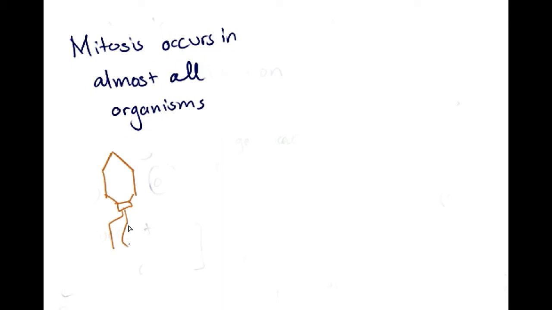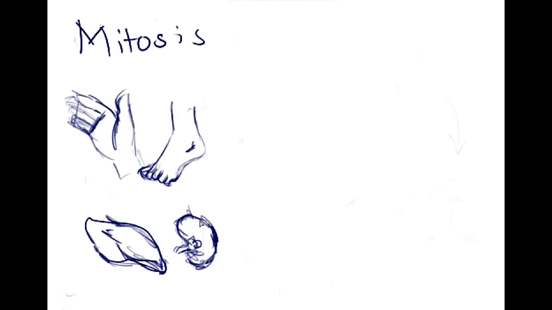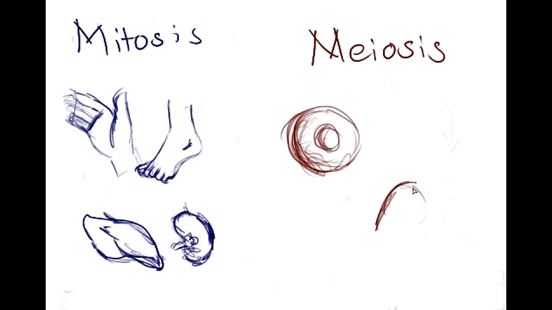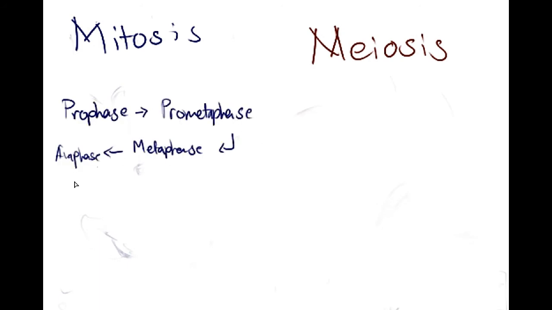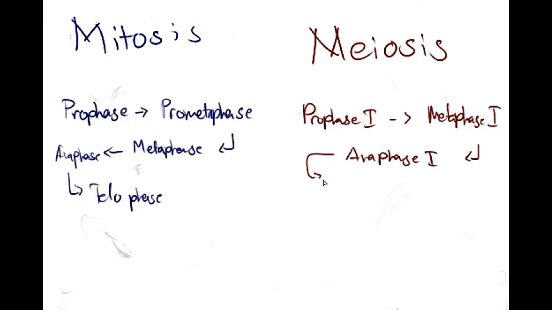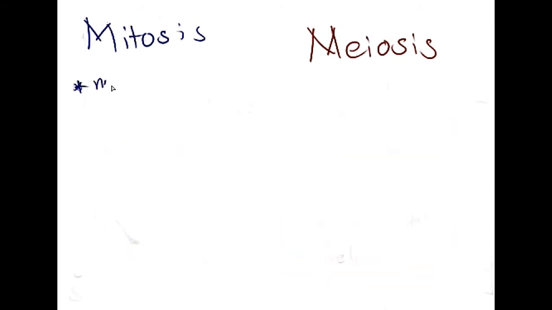Mitosis occurs in all organisms except viruses, while meiosis occurs only in animals, plants, and fungi. Mitosis creates all body cells or somatic cells, while meiosis creates germ cells or sex cells or gametes. During the prophase stage, mitosis is a shorter process compared with meiosis because meiosis undergoes 5 phases within the prophase stage.